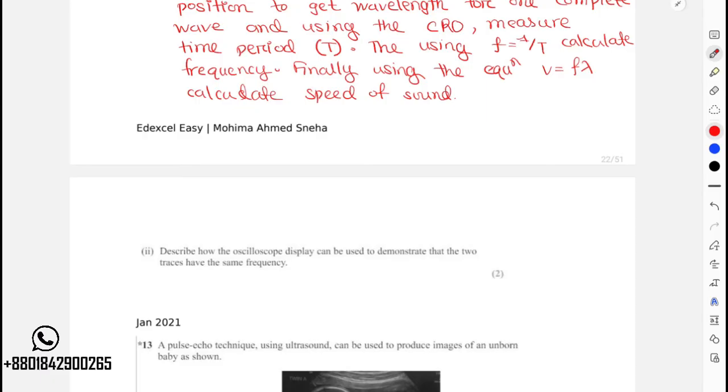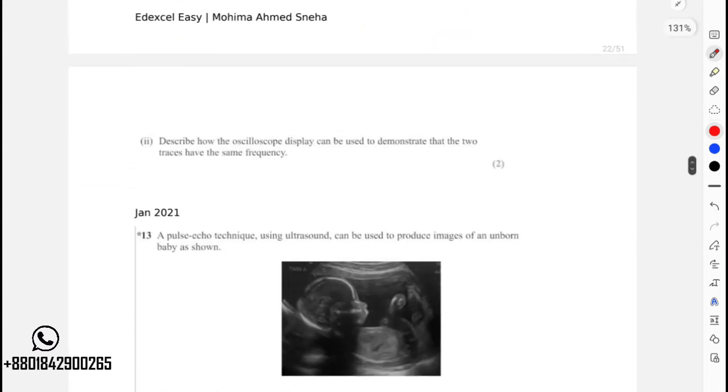So we can write that we should take readings of the time period from the oscilloscope between the two points when the waves were in phase, and if the time period is the same for both, then they have the same frequency.